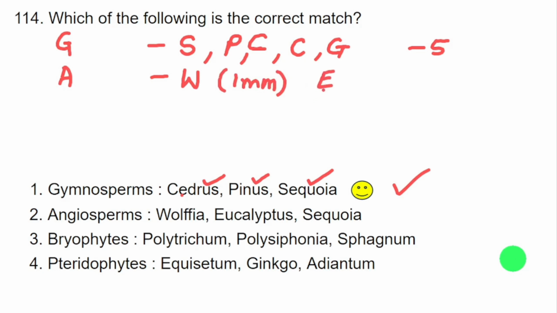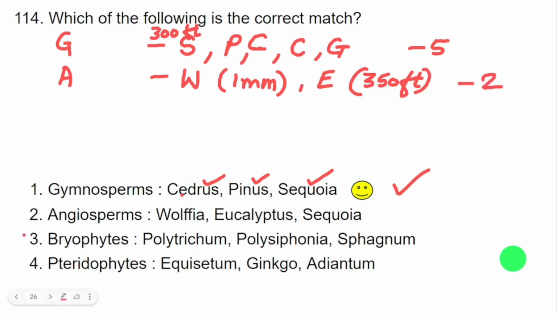So Eucalyptus is taller than Sequoia. Sequoia is around 300 feet, and this one can go up to 350 feet. So they are taller than Sequoia. So only 2 examples are given in angiosperms.